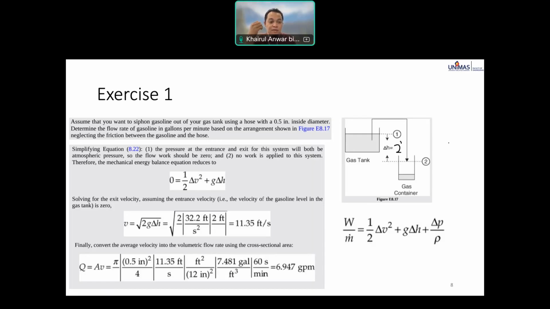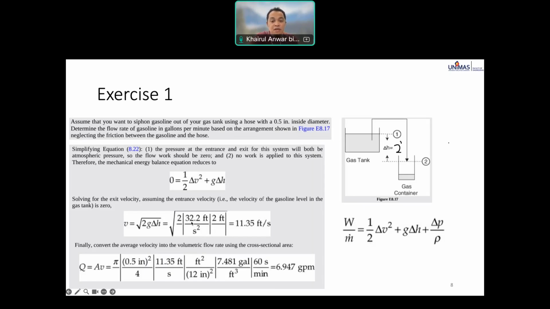No work is applied to the system, therefore the mechanical energy equation reduces to 1/2 delta V squared, just the kinetic, plus g delta H. Solving for the exit velocity, assuming the entrance velocity is 0, we have v equal to square root of 2g delta h.